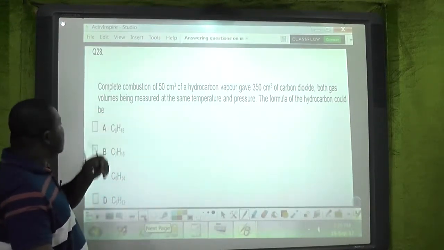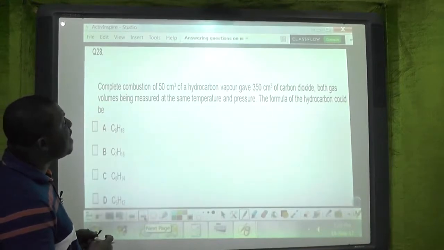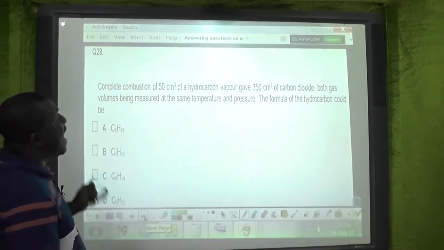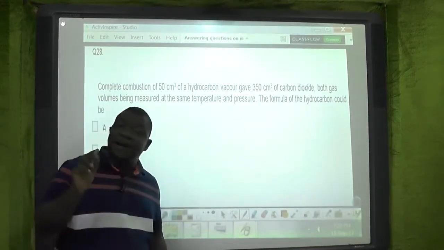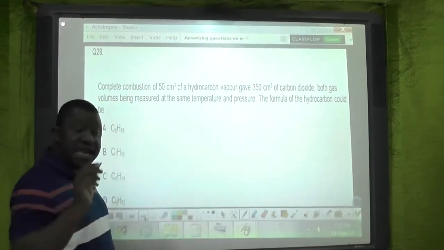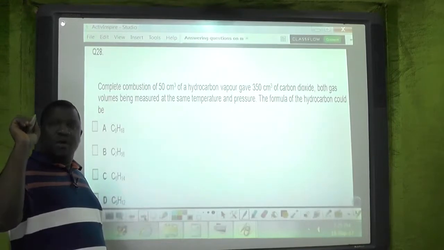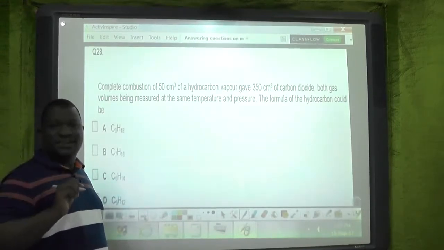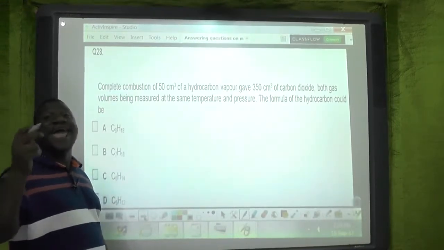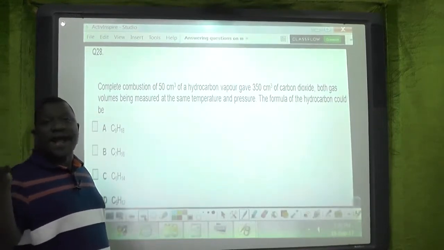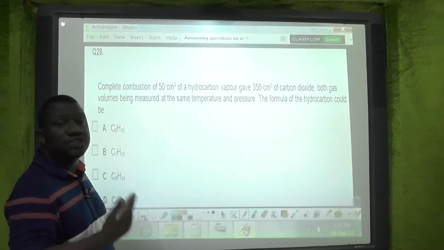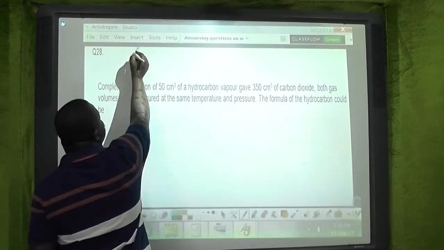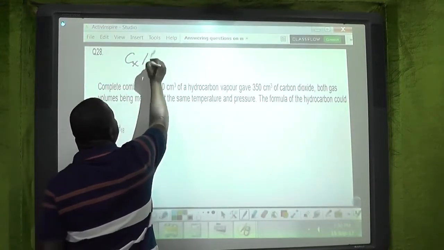Now, they are telling you complete combustion of 50 cm³ of a hydrocarbon. Remember the equation I gave you in the combustion of hydrocarbon, from your IGCSE video, even from your Edexcel AS video, for A2 and for AS, you also have this there. Combustion of hydrocarbon. Every hydrocarbon is CxHy.